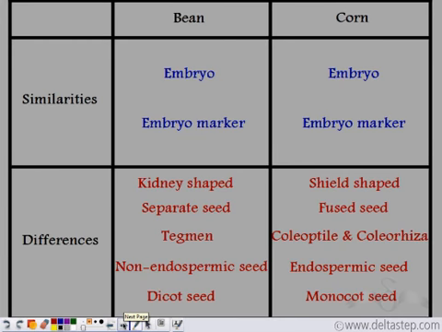So this is the next difference between beans and corns, and that is, bean is a dicot seed. Di means 2, and cot comes from the word cotyledon. Corn is a monocot seed. Mono means 1, and cot comes from the word cotyledon.